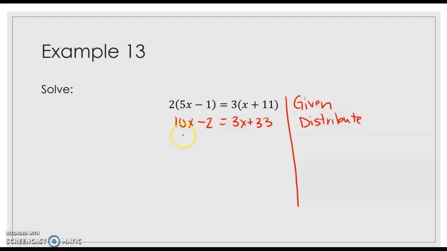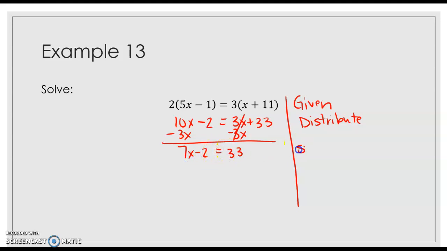And then I don't have same side like terms, so I don't need to combine like terms. So now I'm going to move across the equal sign. 3 is less than 10, so I'm going to subtract 3x from both sides. And now I have 7x minus 2 equals 33.